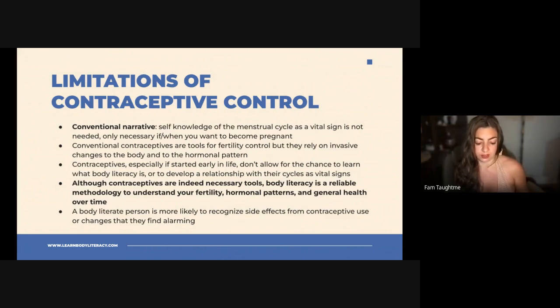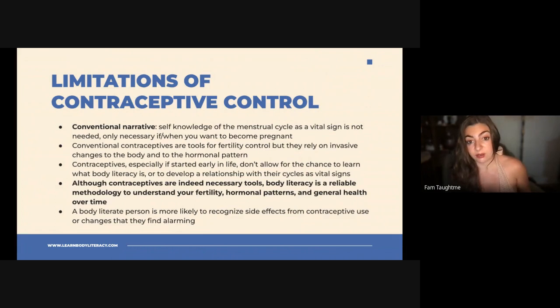So one other aspect of this is that a body literate person is more likely to recognize side effects from contraceptive use or any medicine use, or any other changes that they find alarming from a medical device or whatnot. So it's interesting because there's this pushback, I guess, that the menstrual cycle isn't really necessary for you to get to know in any way.